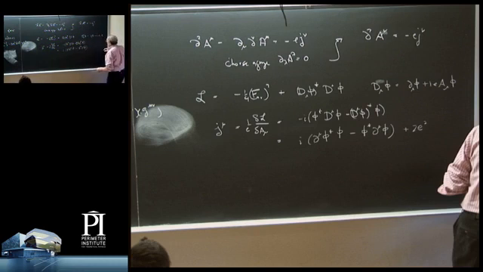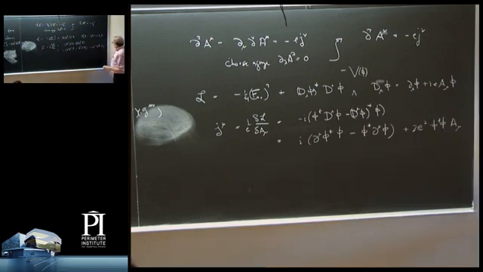And then there's an extra term from this A piece here in the derivative. So that would be 2e² φ* φ times A_μ.